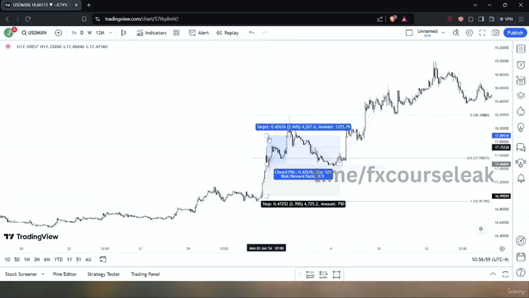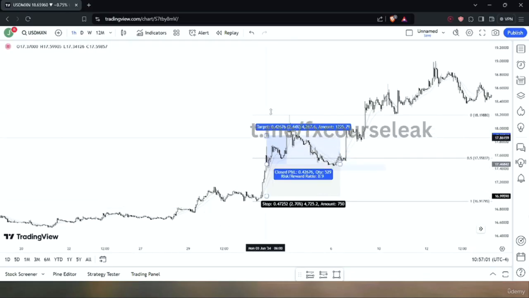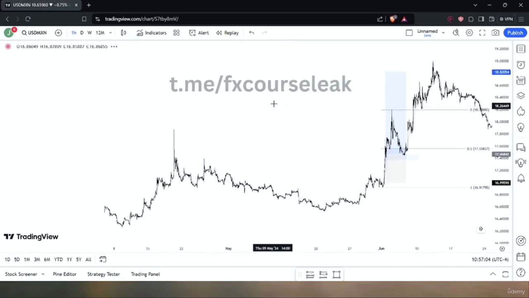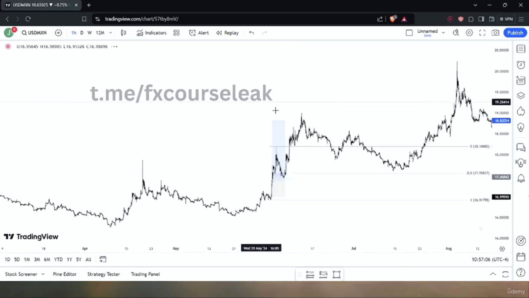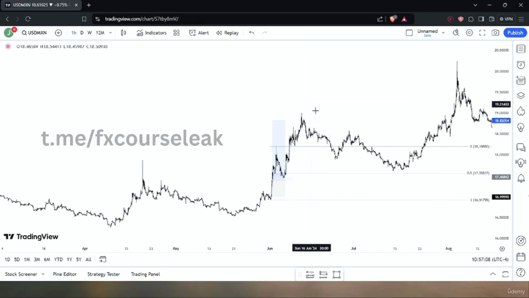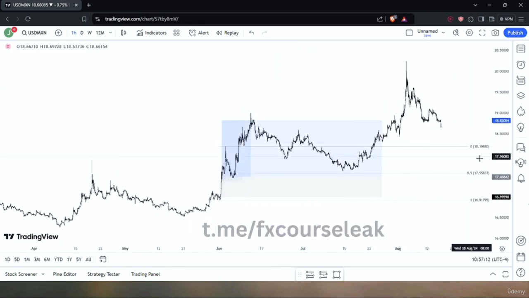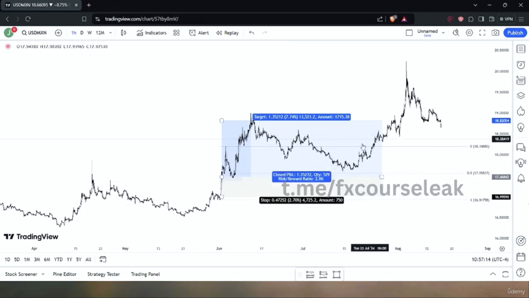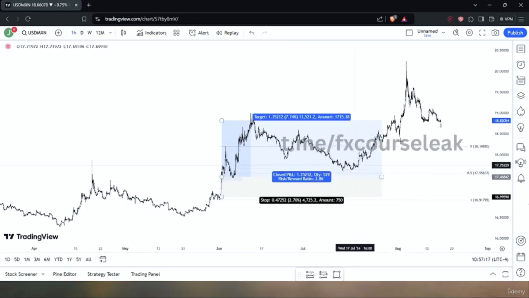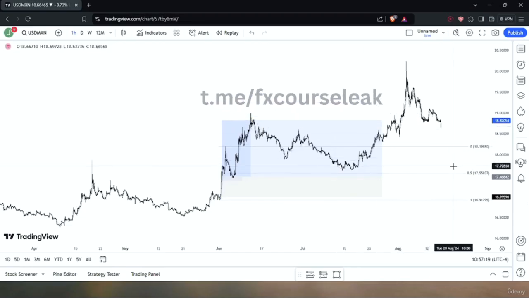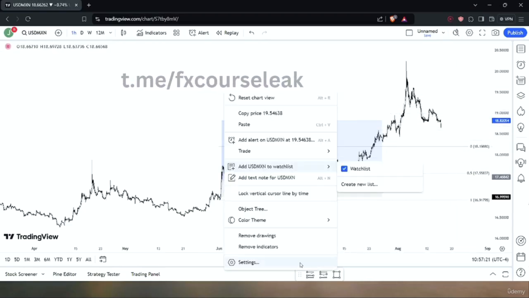Why? Because we have big displacement. Price should continue to go in your favor. And in this case, price does continue going in your favor. Now it's retracing again, most likely going for a deep retracement such as here, maybe all the way here, then continuing higher. Okay?